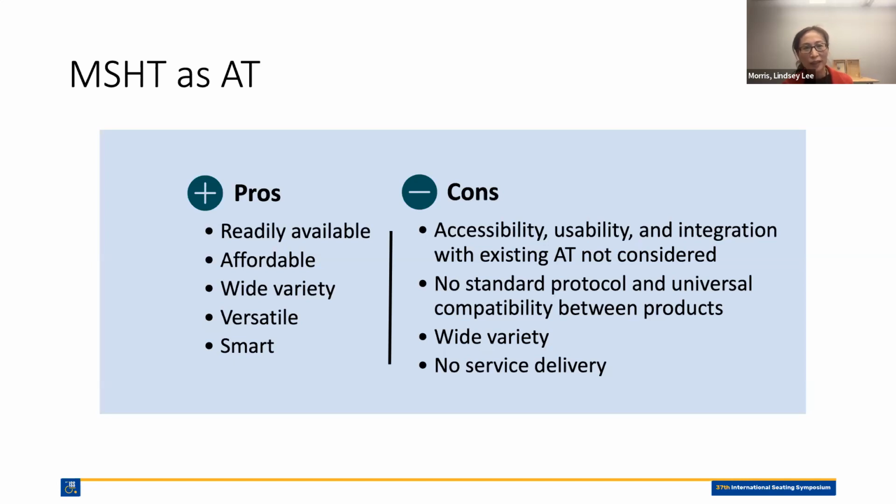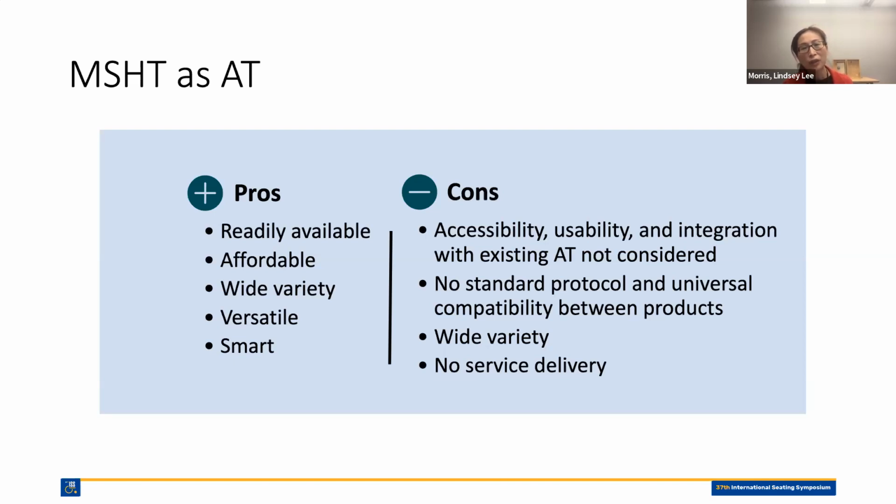I want to start with talking about the trend of mainstream smart home technology. I think everybody here has probably experienced this exploding of technology on the market in the smart home world. It definitely has a lot of potential, and according to a lot of projections, this technology will continue to grow over the next few years, getting into our households, more readily available and more affordable, and hopefully more user-friendly as well.